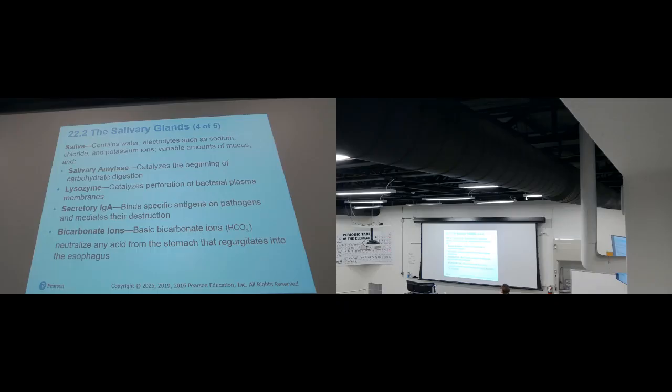As well, we have another part that helps us to protect against infections, like secretory IgA, which is an antibody. This one is not only found in the saliva, but also in tears, and it is secreted also in breast milk and in semen in males.